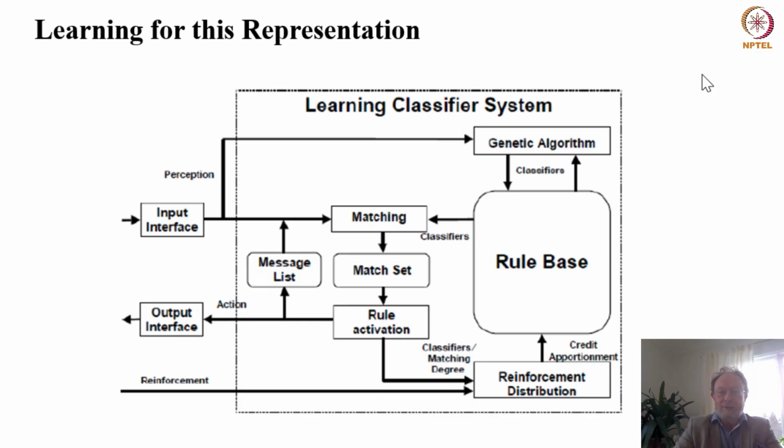But in every step of the process, this rule base is applied to a certain problem task, and the result of that problem solving is then fed back into the rule system again, so that credit and blame are given to the individual rules, and then the credit and blame distribution over the rules is used as the basis for the fitness function, and then the genetic algorithm creates a new generation, and so on and so on.